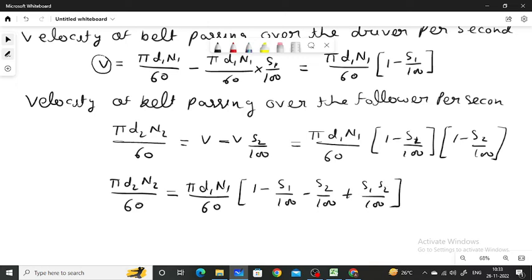Here s1 s2 by 100 is very small and can be neglected.